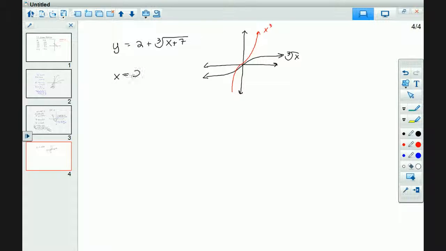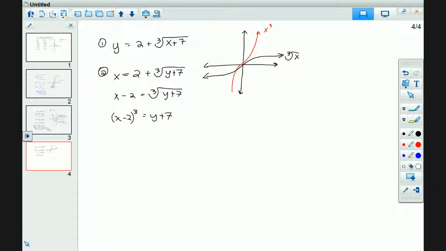So let's do algebra here. Step 1, it's already done for us, basically. Step 2, swap the x's and y's. X minus 2, root of 7. X minus 2 cubed equals y plus 7.